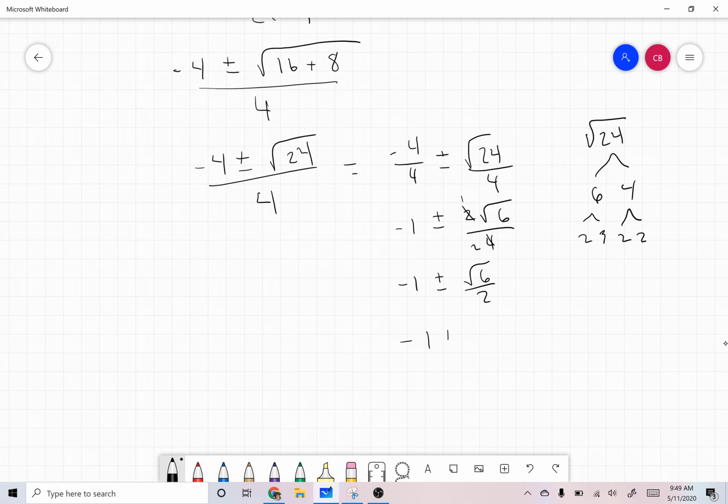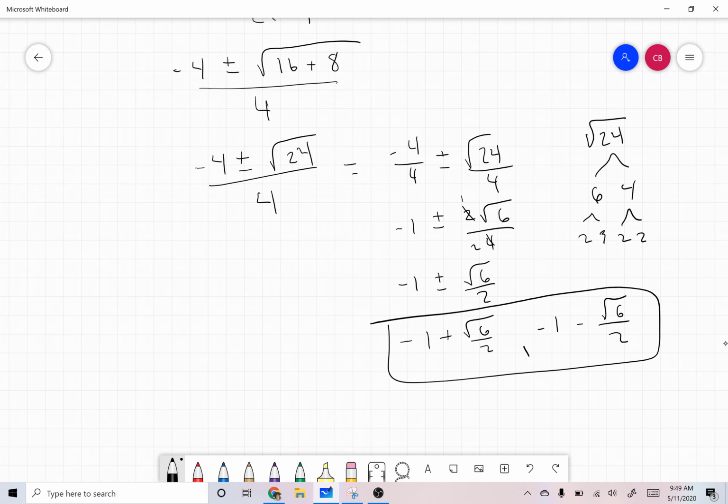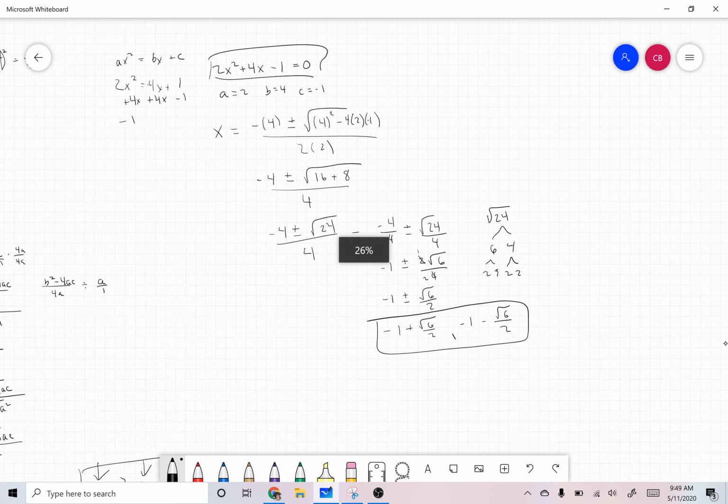So we get negative 1 plus square root 6 over 2, and we get negative 1 minus square root 6 over 2. Those are our two zeros for this polynomial, or this quadratic. That's the first one.